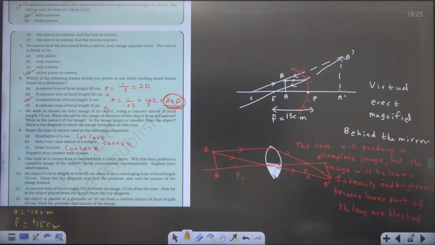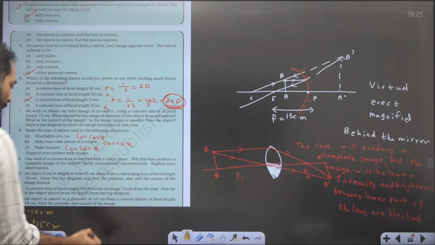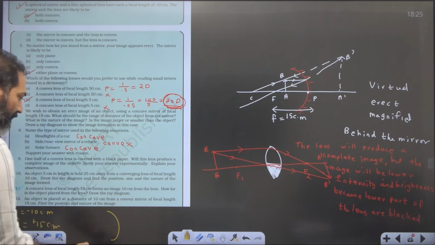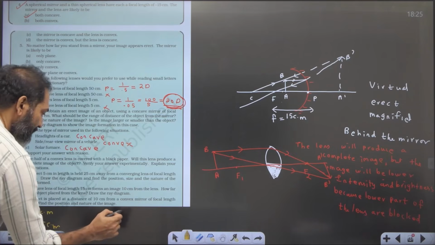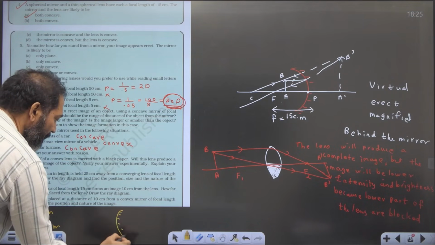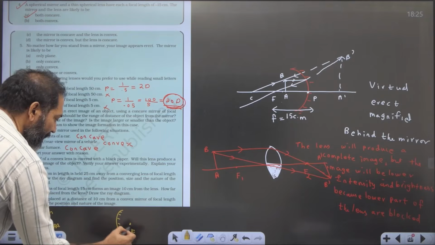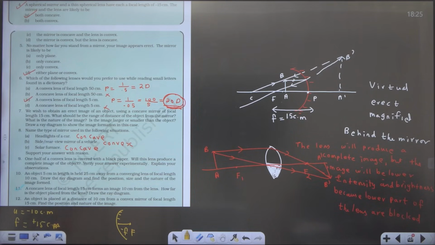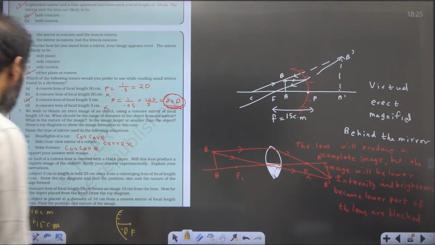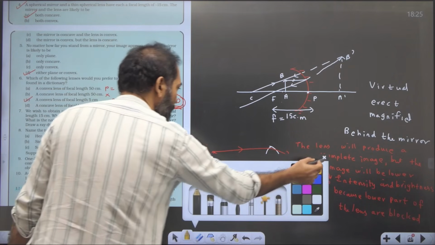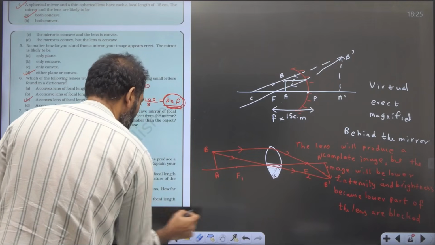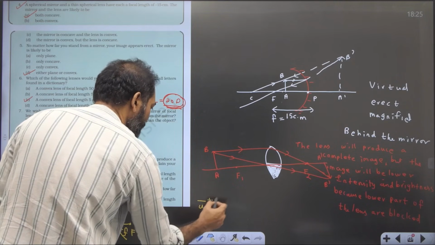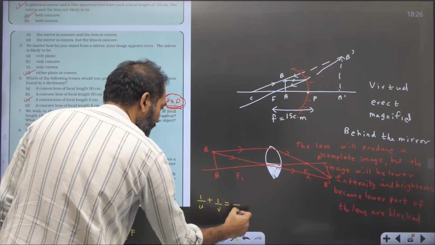Because this is a convex mirror, so the principal focus is behind it, and the focal length has to be positive, since the measurement is taken to the right side. Find the position and the nature of the image. So what is the mirror formula? 1 by U plus 1 by V is equal to 1 by F.